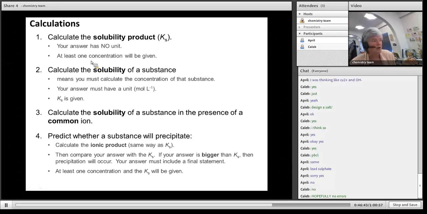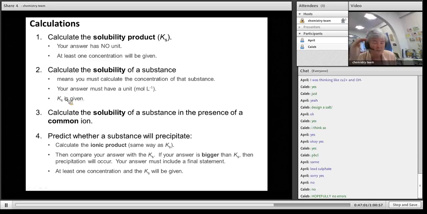You'll be given at least one concentration so that you can do the calculation. If you're asked to do the solubility, then you have to have your concentration in moles per liter, so you have to have a unit, and they have to give you a Ks.